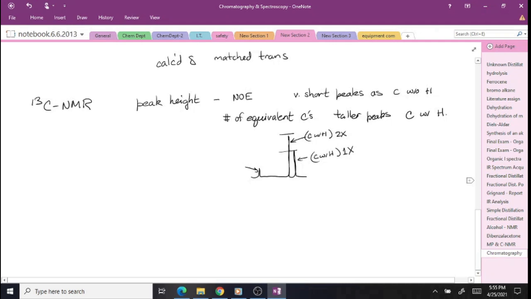And the very short peak would be carbon without hydrogen. And that is the kind of distinction that you needed to do for your report, and it is the kind of thing that we expect you to be able to do for the final exam. And so you would make the same type of analysis. Well, this one is ipso, this is para, this is ortho or meta, that type of analysis.